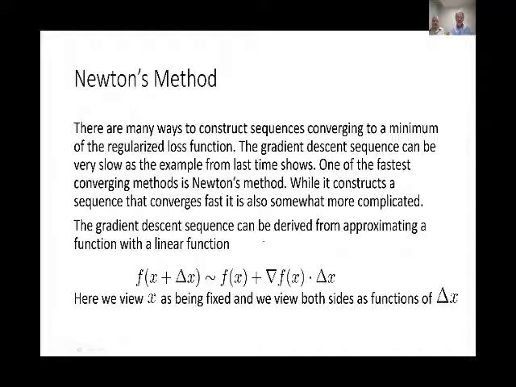But the idea of Newton's method is to, instead of just using first order data, namely just using the first order derivatives of the function, which gives us gradient descent, use second order. Then you get another method called Newton's method, which converges very, very fast.